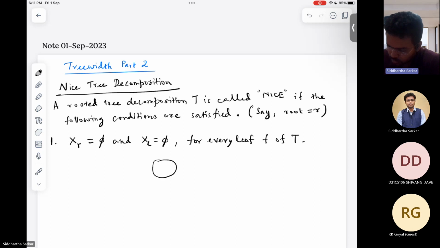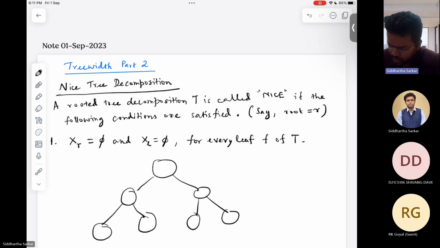Let us say this is one of the tree decompositions. This is the root and in the root there is nothing. Some vertices are there, but in the leaves also there is nothing. So that is one property that we are willing to ensure.